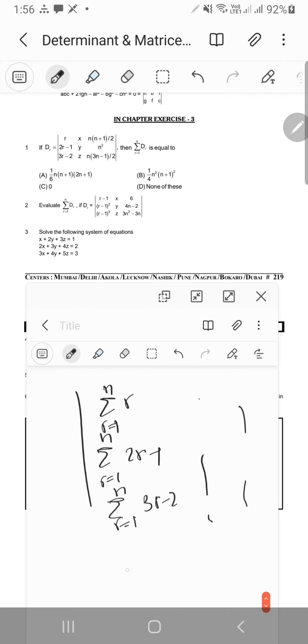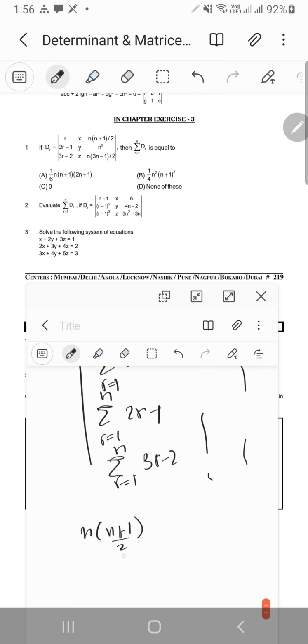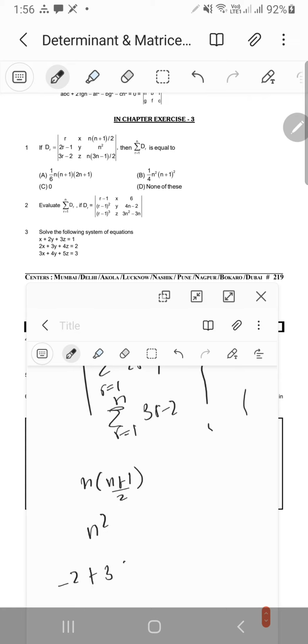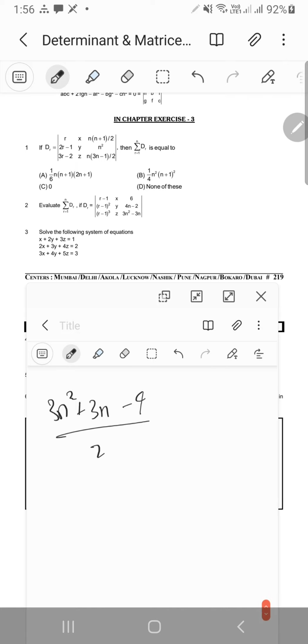Let's just find out what this thing is. It's going to be n into n plus 1 upon 2. What about this thing? It's just odd numbers, so first n odd numbers, that will be n squared. What about this thing? It will be minus 2 plus 3 into n plus 1 upon 2. Maybe I should just write it as n squared plus n upon 2. So this will be 3n squared plus 3n minus 4 upon 2.